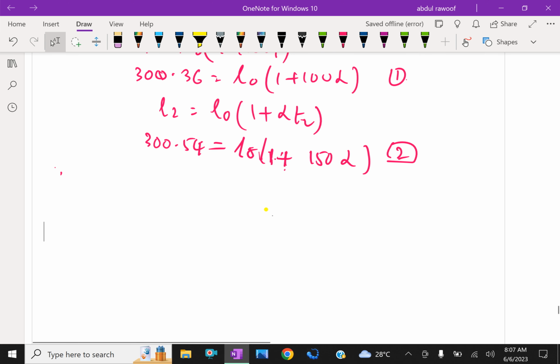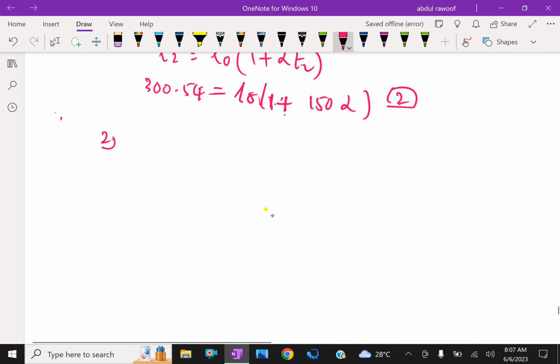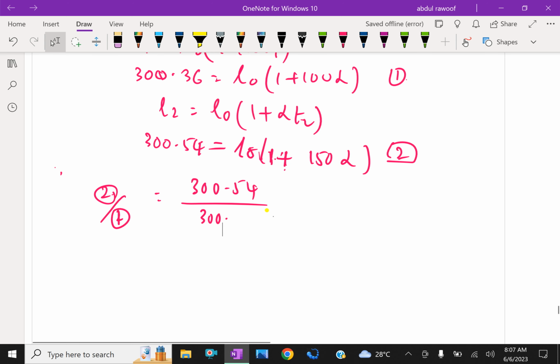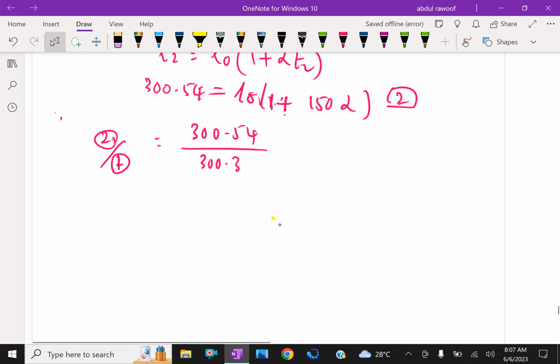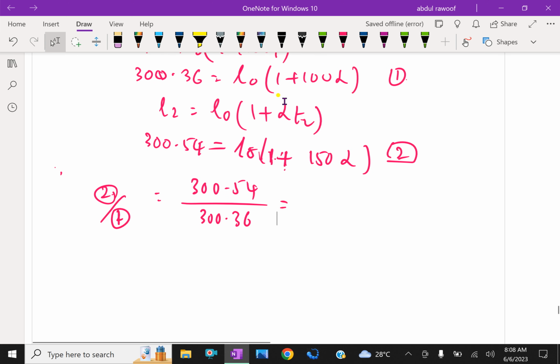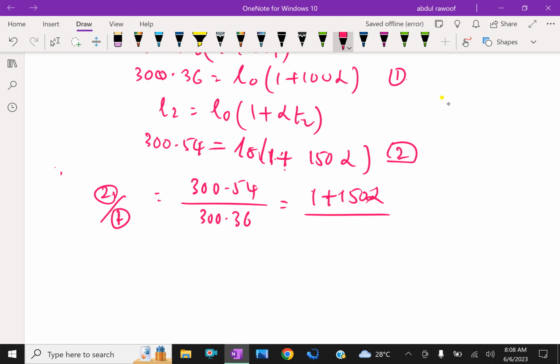Now equation 2 divided by equation 1 gives 300.54 over 300.36 equals L0 cancels, that is, the division of these two gives 1 plus 150 alpha over 1 plus 100 alpha.